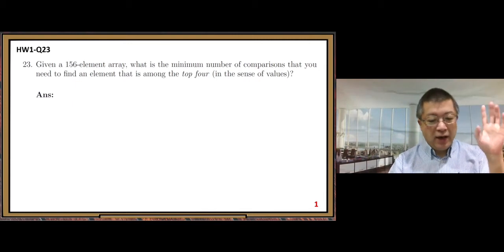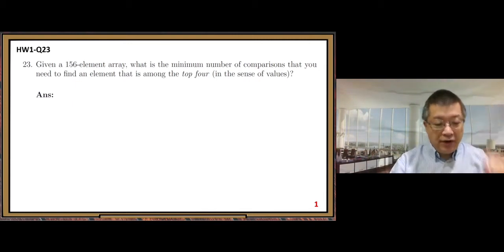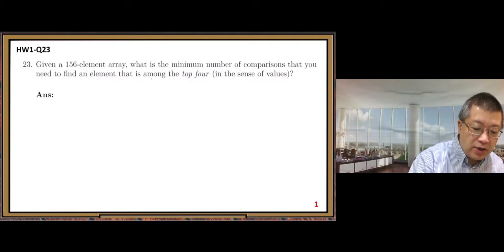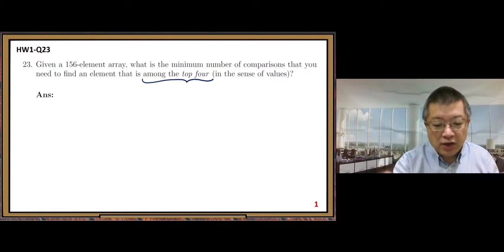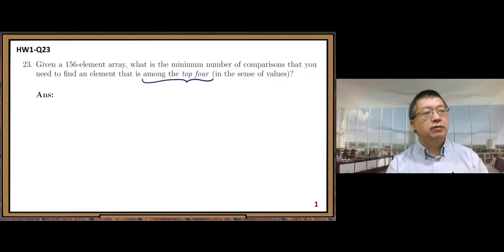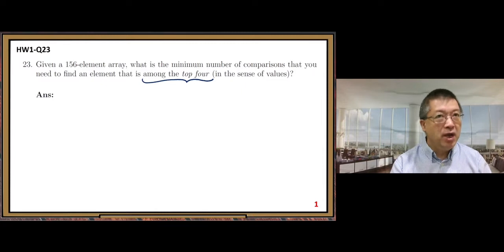Second, let me help you understand what the meaning is, the most important part: among top 4, in the sense of values. I just received a question. One student asked me, what's the exact meaning of this?